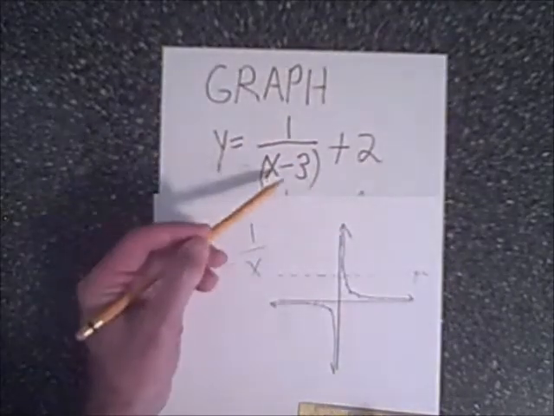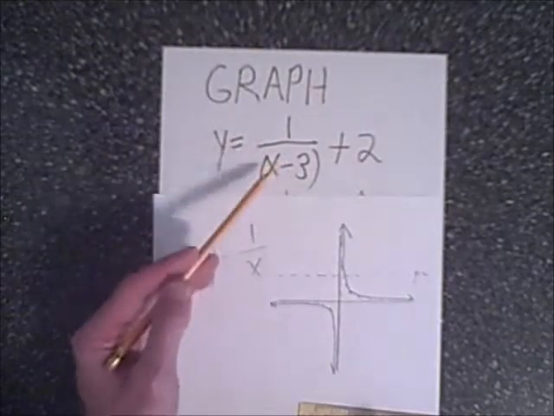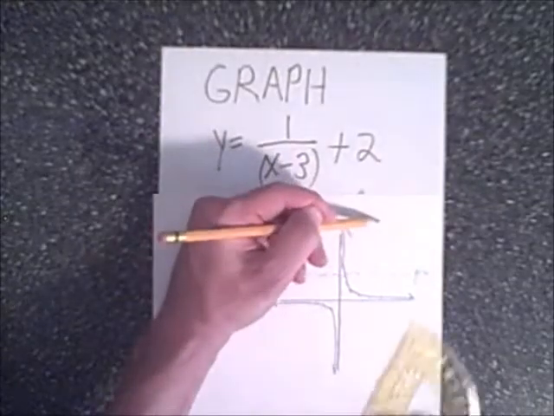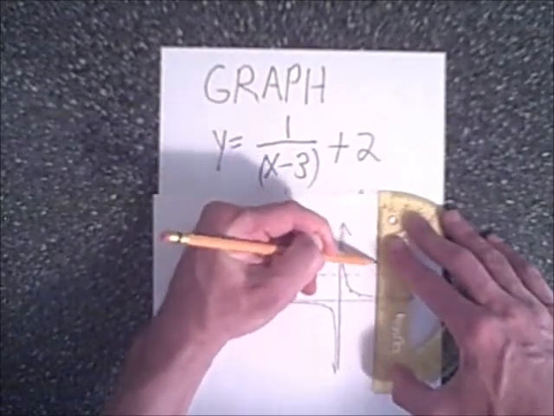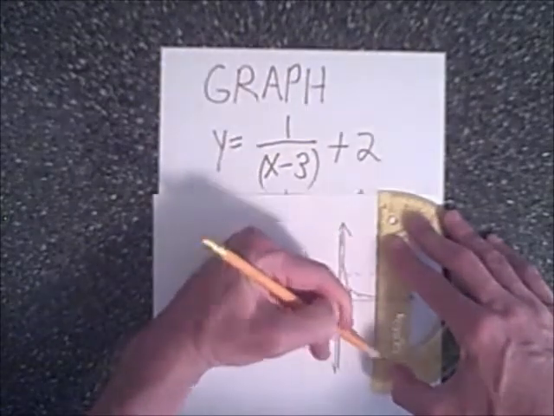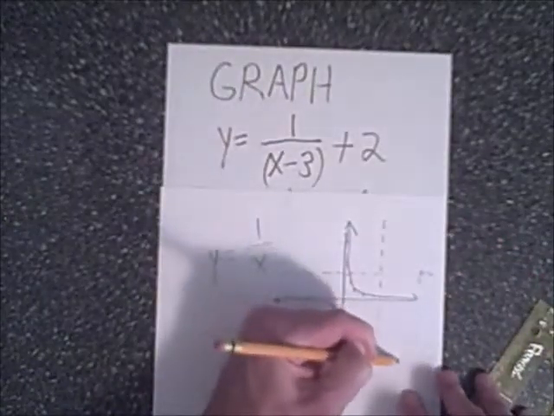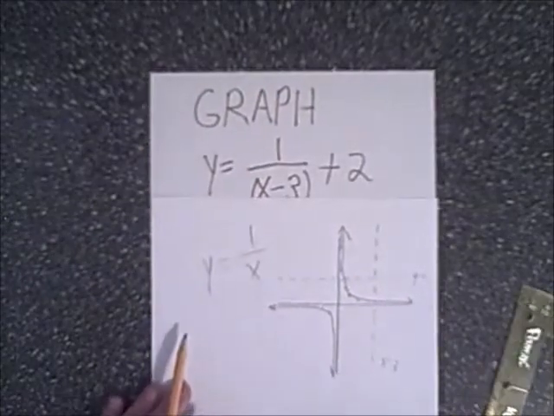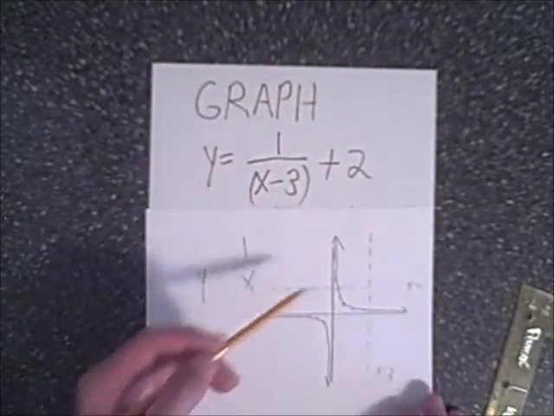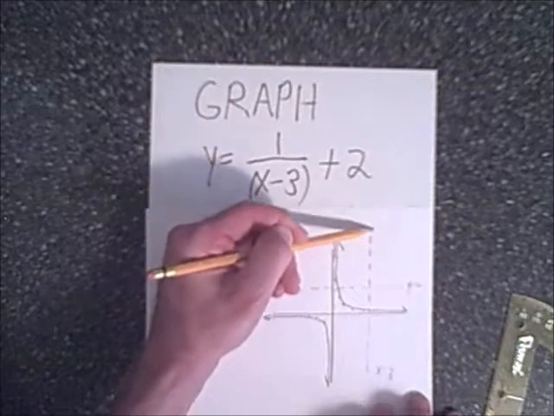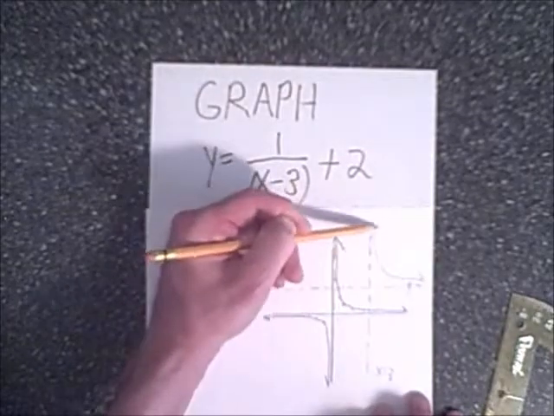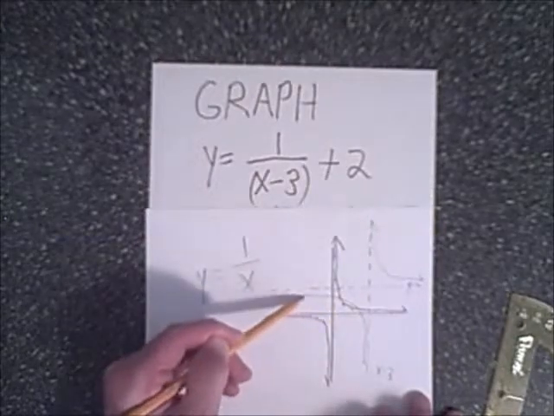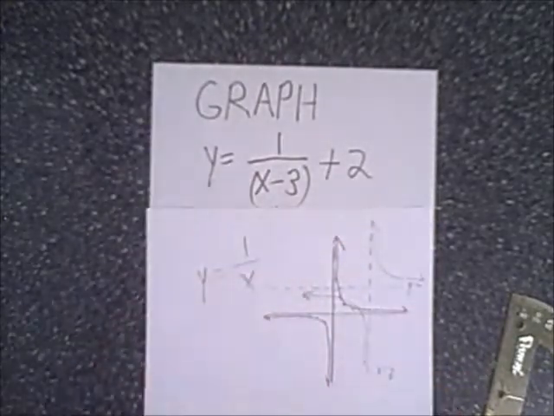And our new vertical asymptote, notice how we've got a -3 here, so we've shifted the whole thing to the right, is now going to be x equals 3. Okay, this is x equals 3, which makes sense, right? You cannot have 3 in here because it'll be undefined. So we have our new asymptotes, and now we just use our same graph that we had before, and we're going to have a sketch that looks like this, and a sketch that looks like this. Horizontal shift, vertical shift, and that's our output.